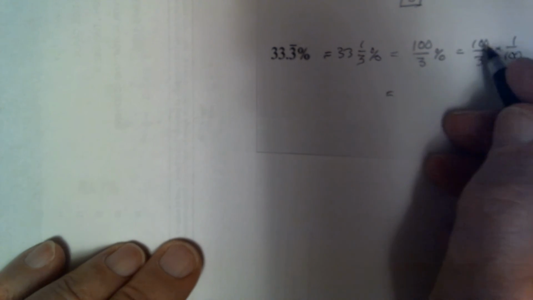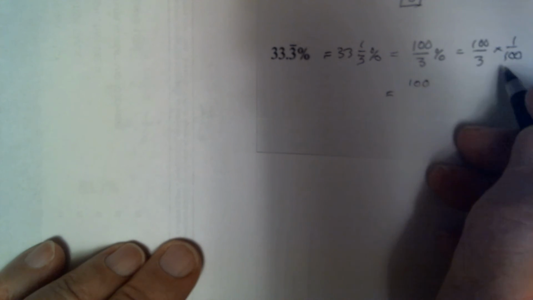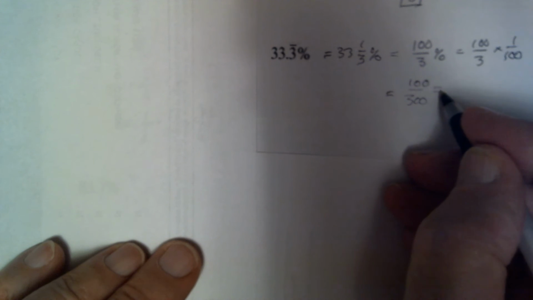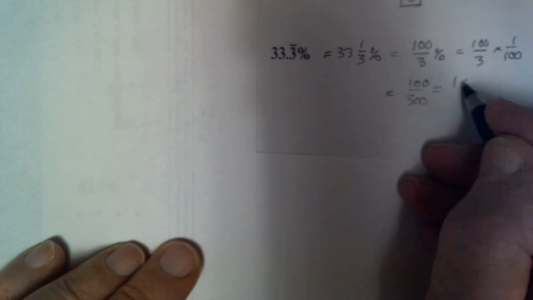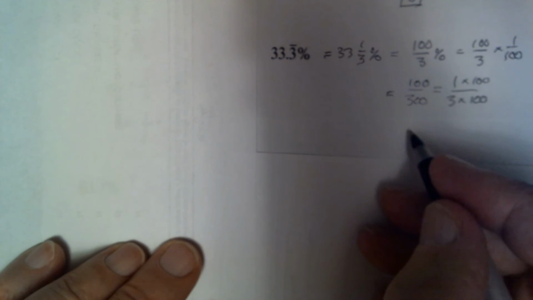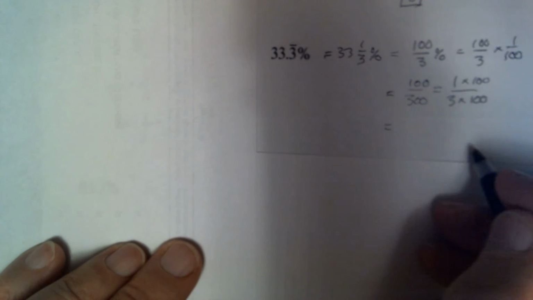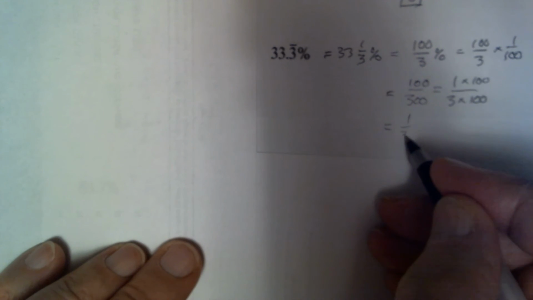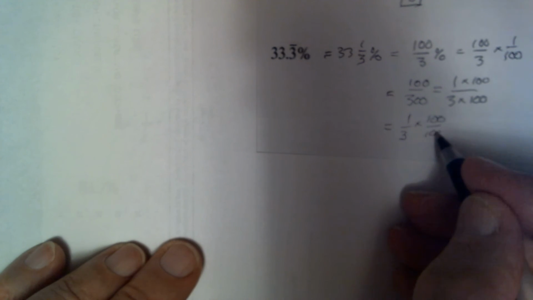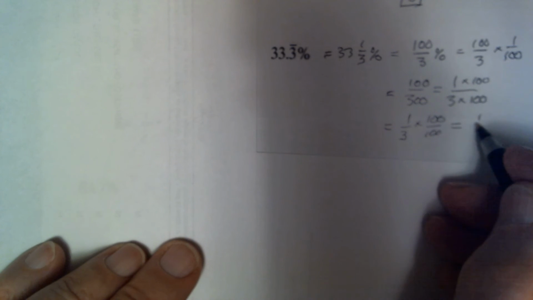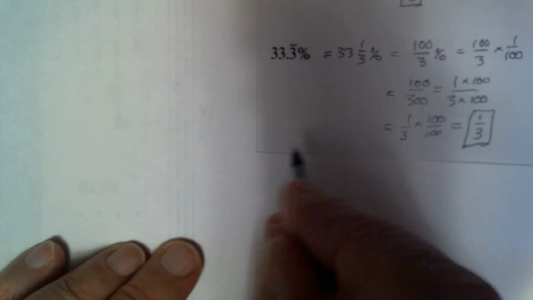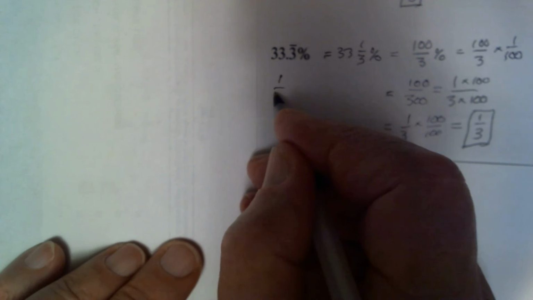Therefore, we have 1 times 100 is 100, divided by 3 times 100 is 300, or 1 times 100 divided by 3 times 100, which is equal to 1 divided by 3 times 100 divided by 100, which is equal to 1. So then the final answer is 1/3. So this expression is equivalent to 1/3.